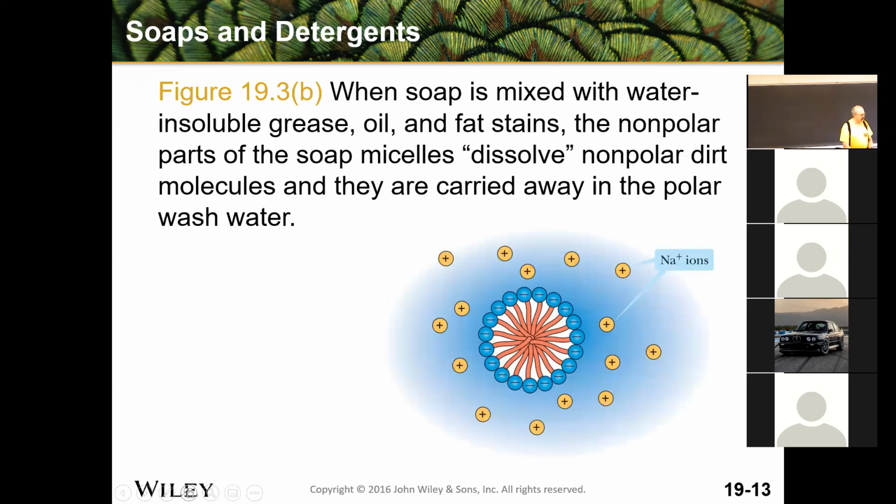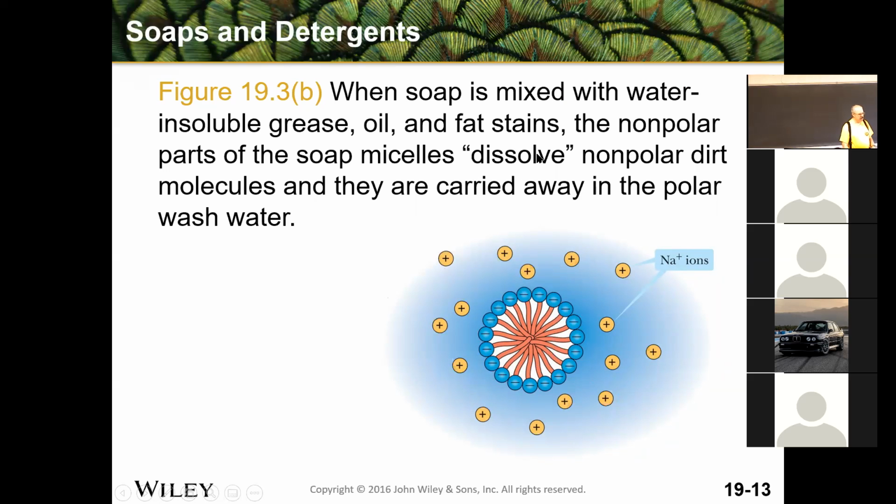So here's a diagram of a micelle. These micelles are actually very small. They may consist of only about 80 to 120 soap molecules. Here you have the hydrophobic tails of the fatty acids, and at the end, we have this carboxylate with a negative charge, and then we have sodium ions surrounding this.